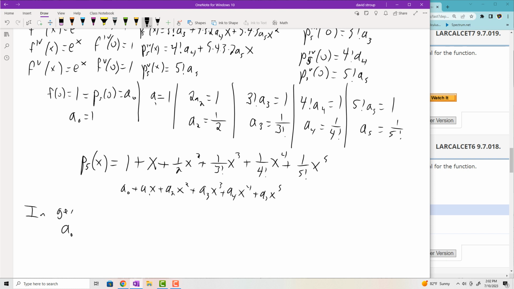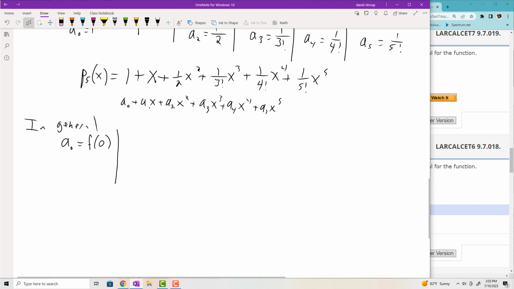In general, a sub 0 should equal f of 0, if we're presuming this center value is 0, and this is going to be called a Maclaurin polynomial. A sub 1 is going to equal f prime of 0.